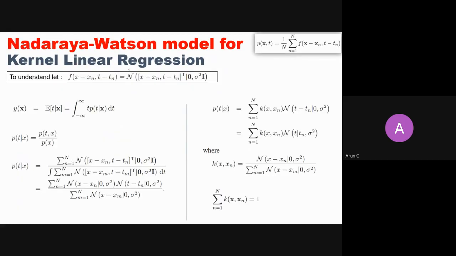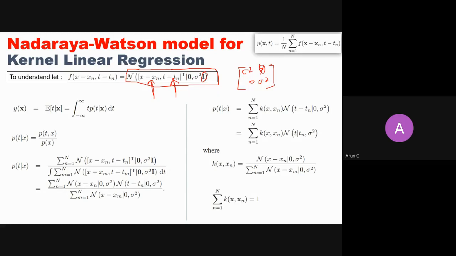I have intentionally taken the density where x and t are normally distributed and independent. That's why I have taken I here. So my covariance matrix is diagonal, which means they are independent of each other, because the correlation on the off-diagonal elements is 0. So it is identity, and the mean is 0.